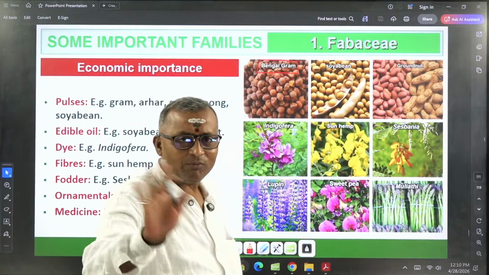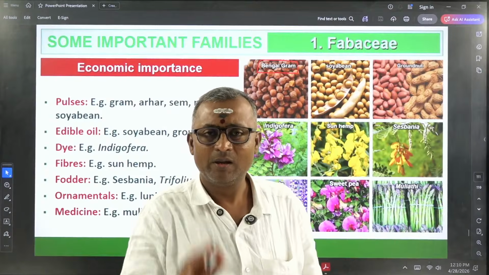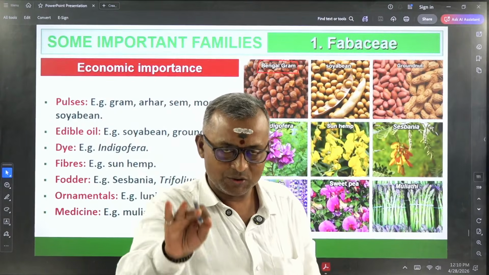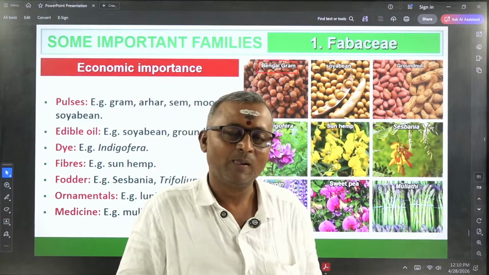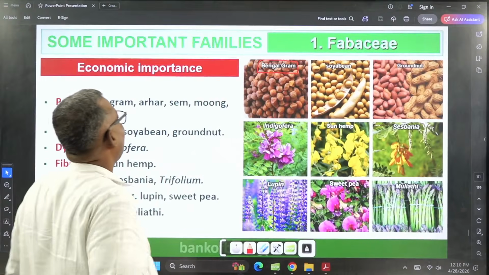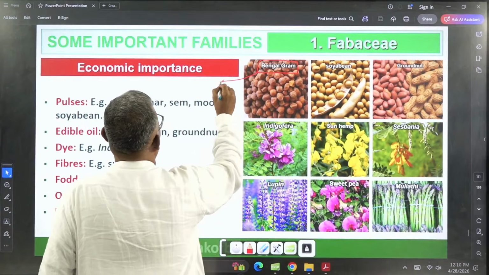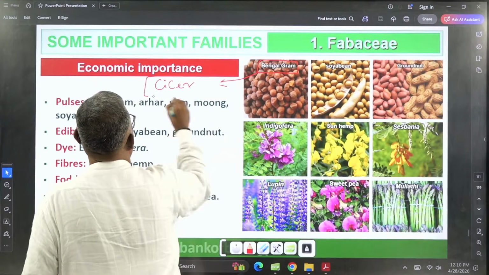I am not going to give you the species name, just try to remember its genus name, that's enough. Because if you go on remembering both species and genus, it makes confusion for you. So for Bengal gram, the scientific name is Cicer arietinum.